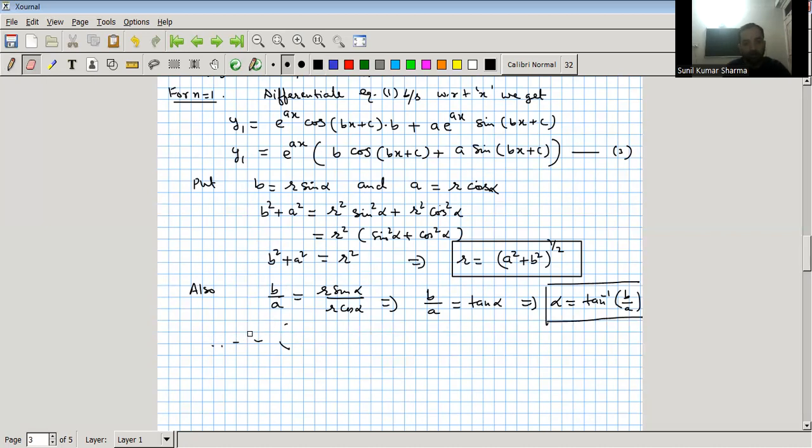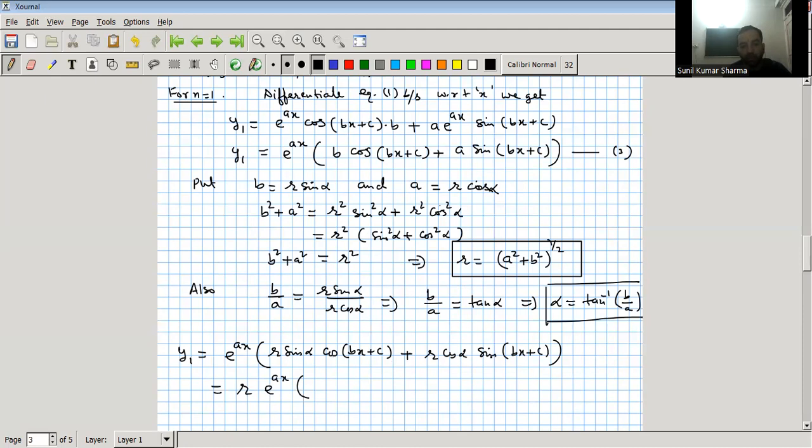Now substitute these and we get y1. y1 is equal to e to the power ax times r sin alpha cos bx plus c plus r cos alpha into sin bx plus c. So take r to be common: r e to the power ax into bracket sin alpha cos bx plus c plus cos alpha sin bx plus c.